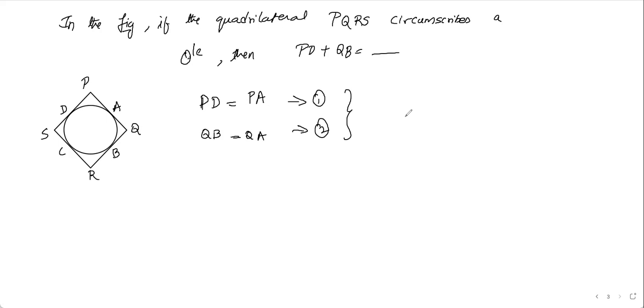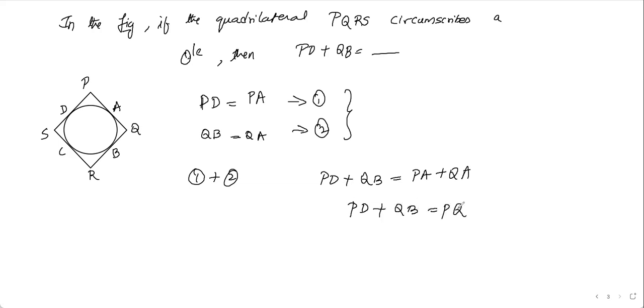Now by adding 1 and 2, PD plus QB is equal to PA plus QA. By adding the equations, we get PD plus QB is equal to PQ.